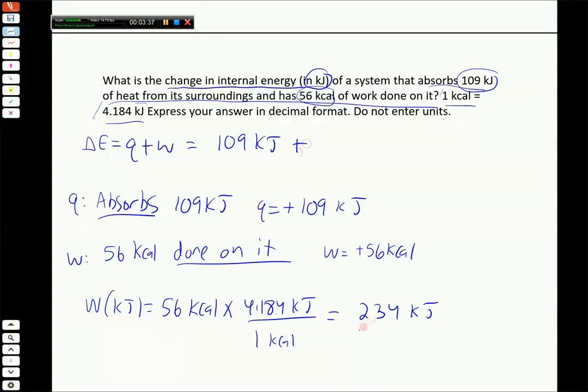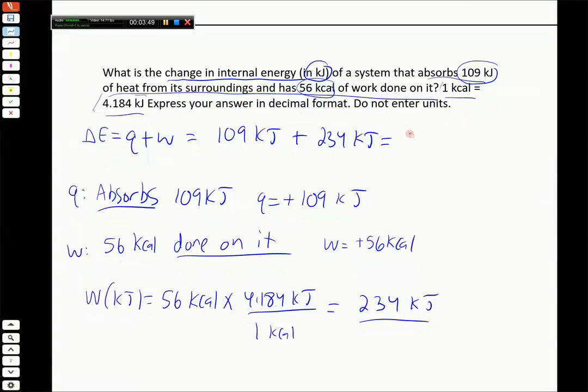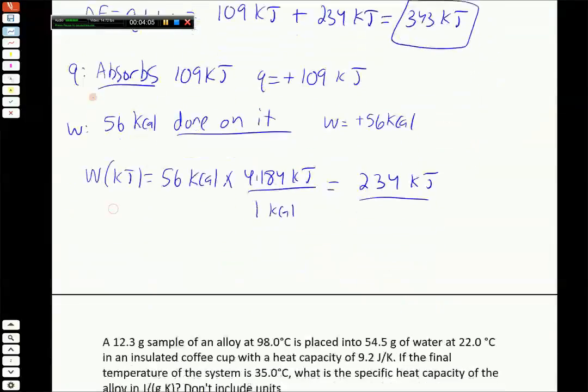We add to that the 234 kilojoules of work, also positive, and that gives us then 343. Okay, and you would just enter the number, of course, not the units. Alright, so that's how we do the first one. We have to just add together Q and W, but we have to make sure we get the signs and the units correct before we do that.